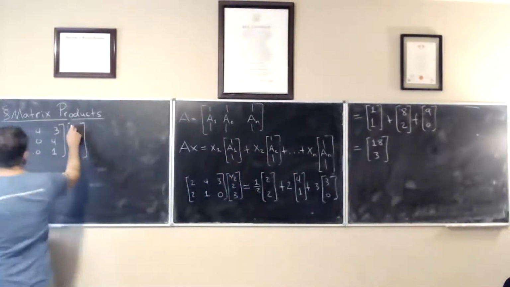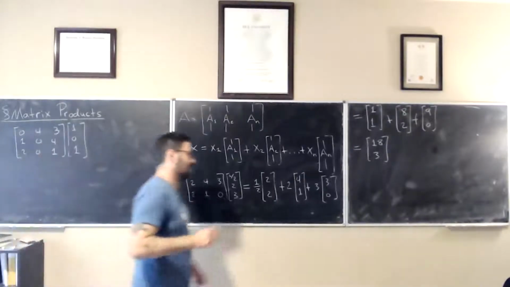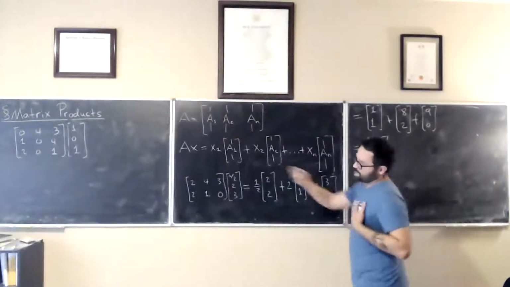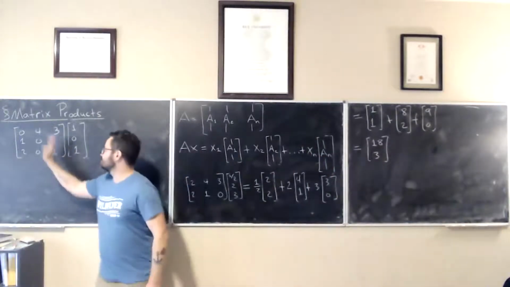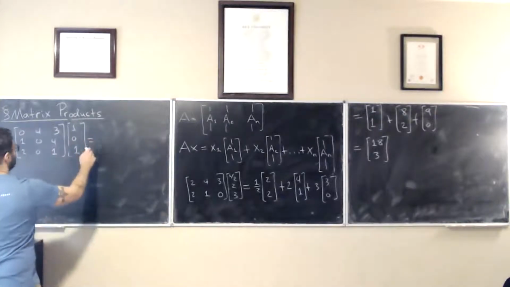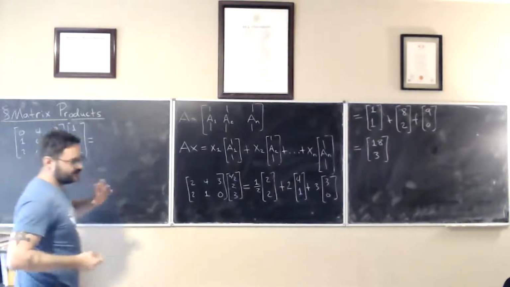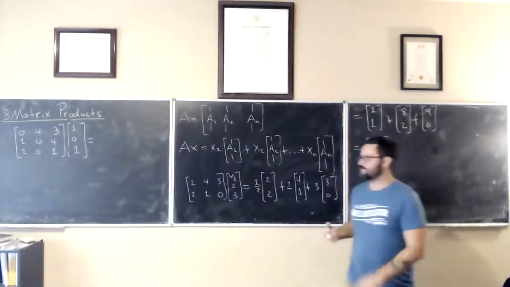Yep, 1, 0, 1. This is going good so far, because playing around with this and understanding that we can add the columns together by multiplication is crucial to a lot of linear algebra.